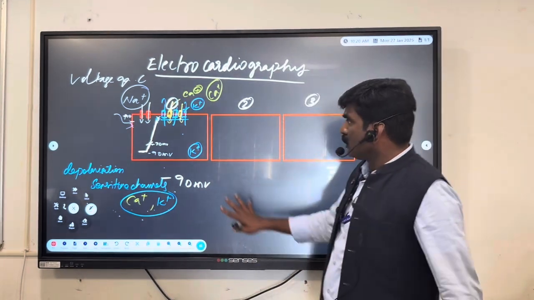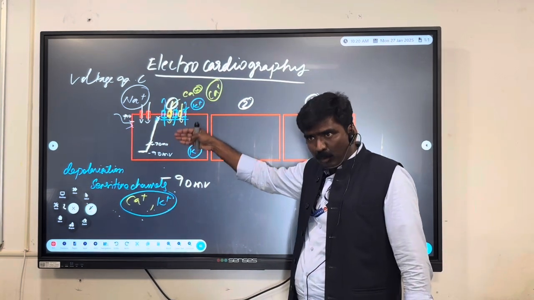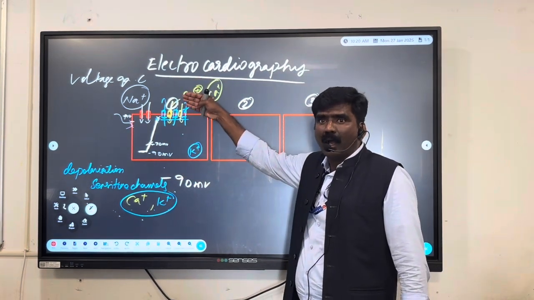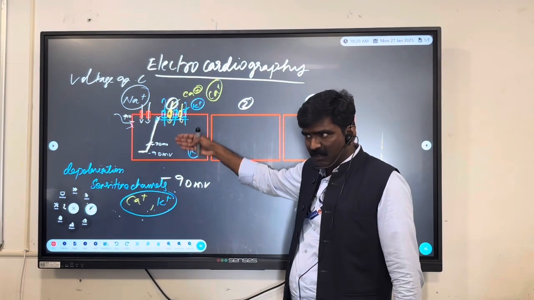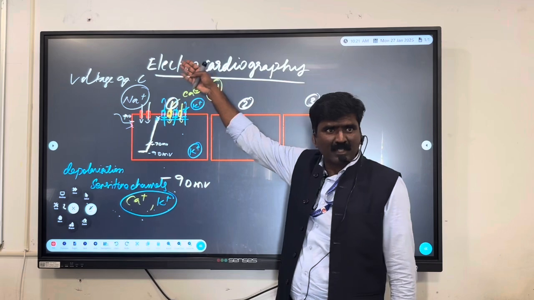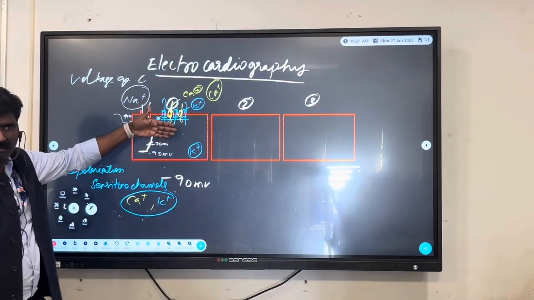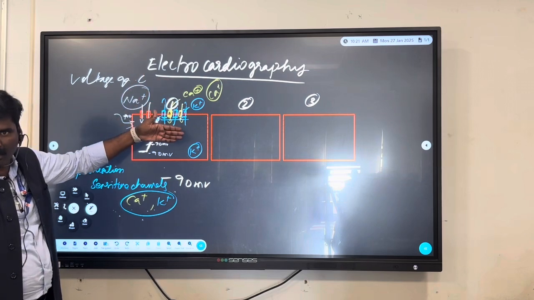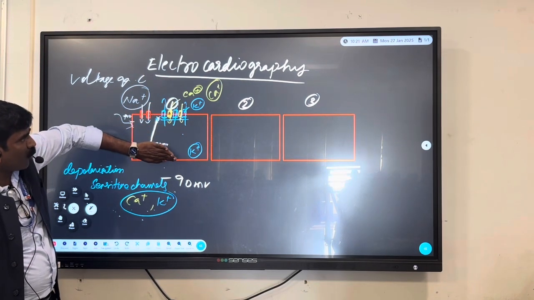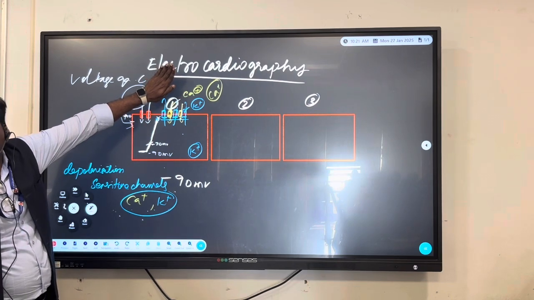Right? Now the cell is gaining positive ions and losing positive ions. Calcium is positive, right? The cell is gaining the positive calcium ions, and the cell is also losing the positive potassium ions.